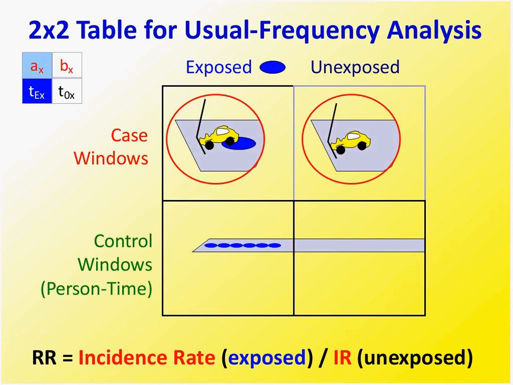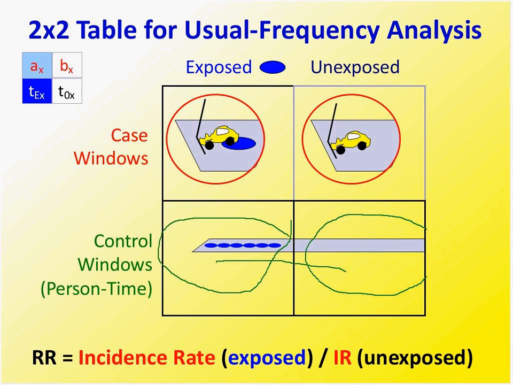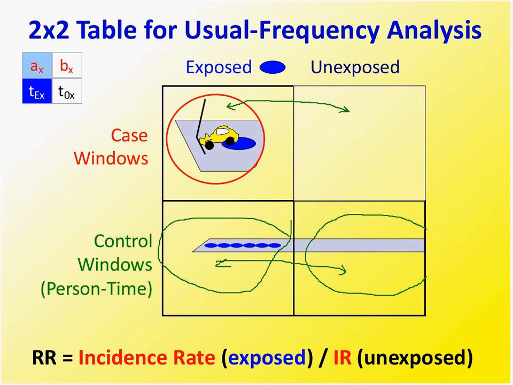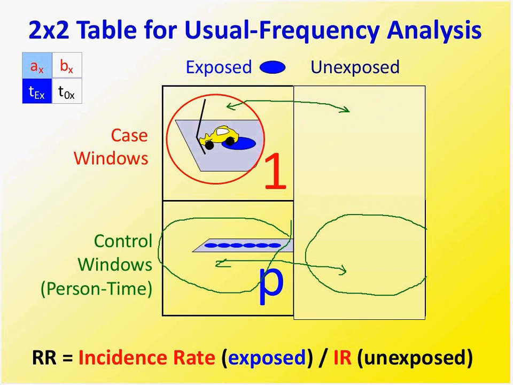Here we can look at a short case window, a long control window, and person time, and see what the ratio is between the exposed and the unexposed person time, and compare that with the exposure odds in the window just before the incident. That's what the analysis of that would be. That's that individual's contribution of person time.